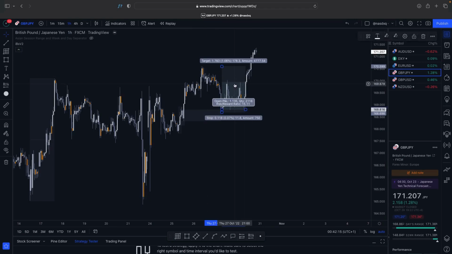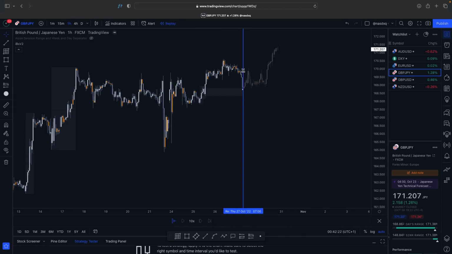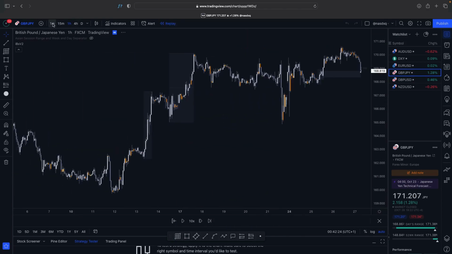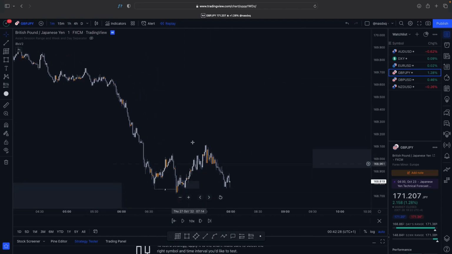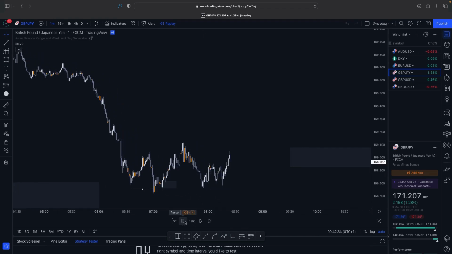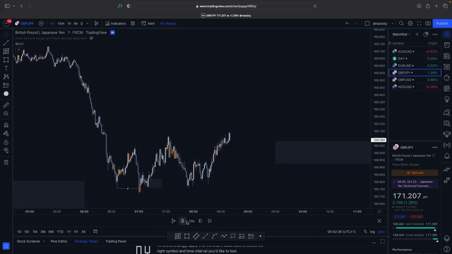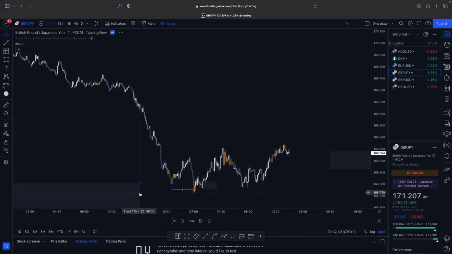So GJ is looking nice. You can see I caught 1 to 15 on there last week, and again, same entry requirements, guys. Yeah, so broke the structure, entry down there, and then it just absolutely tanked. So yeah, there's our zone.